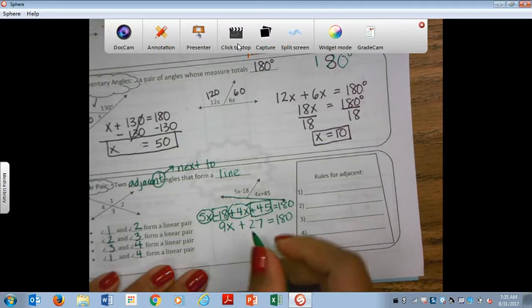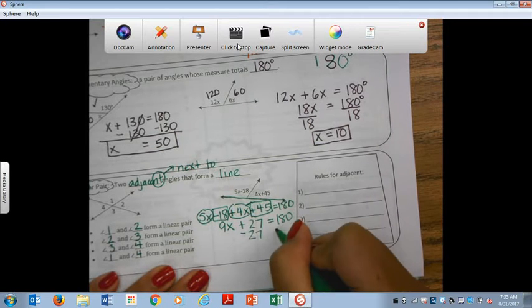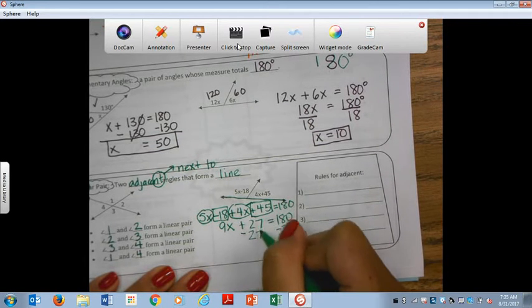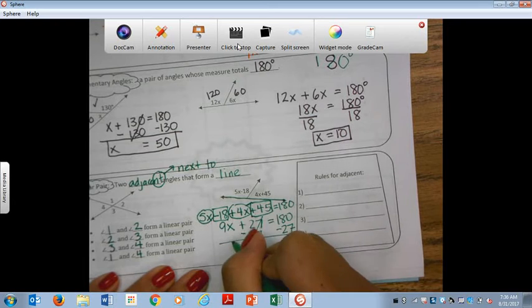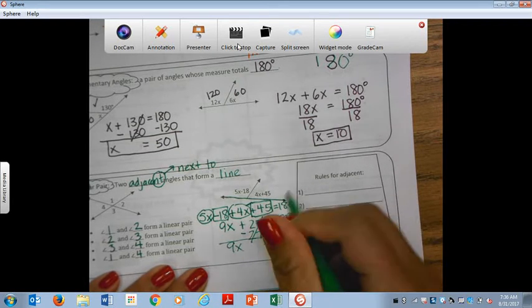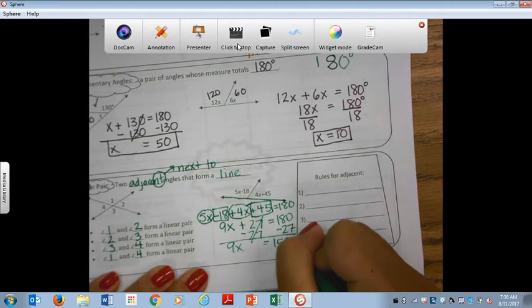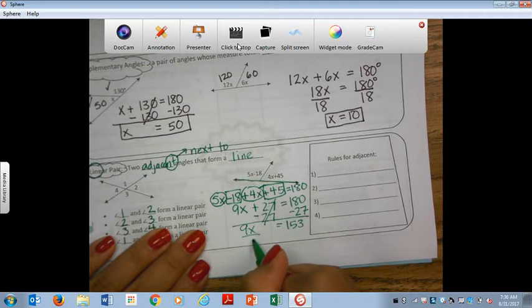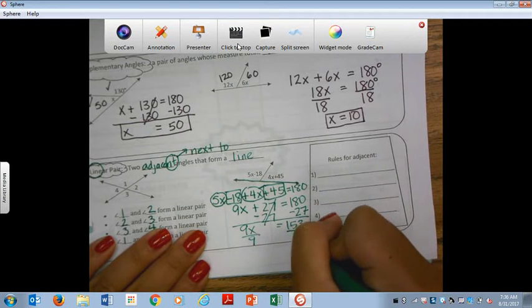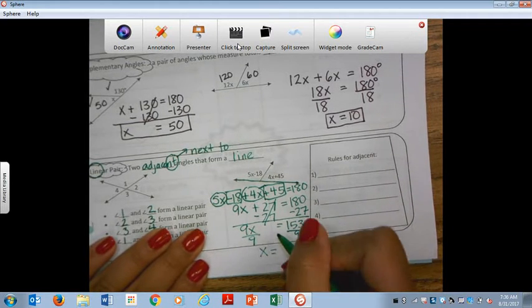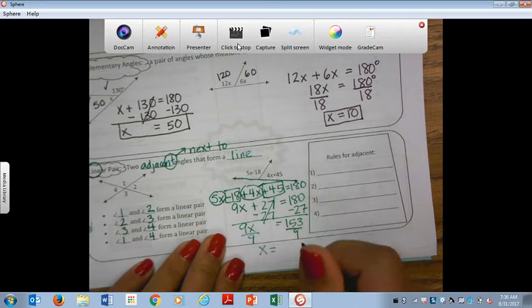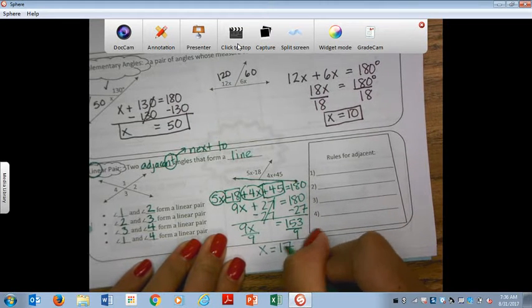So you're going to subtract 27 and you're going to get 153. Let's isolate that x. Divide by 9, divide by 9, x is going to be 17.